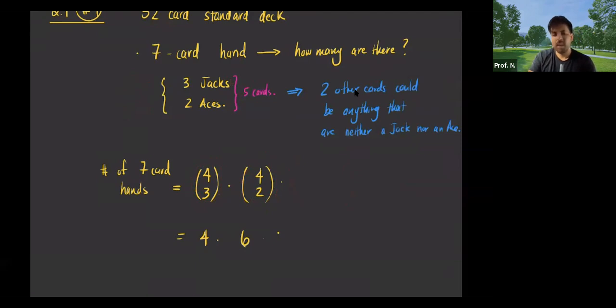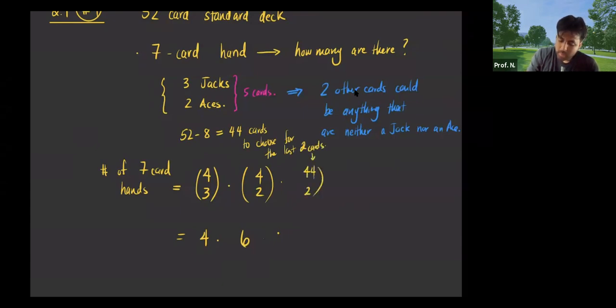I can't have another jack and I can't have another ace. So then I need to subtract 52 minus 8, which is 44. I have 44 cards to choose for the last two. So that would be 44, choose two.